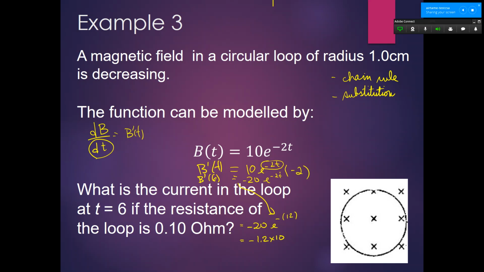Did you get the same thing? 10 to the negative 4? I don't believe you. Because how could something times 10 to the power of negative 12 give you such a big number? Oh, I guess you're right. Okay.